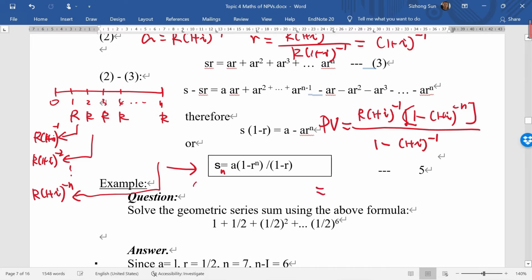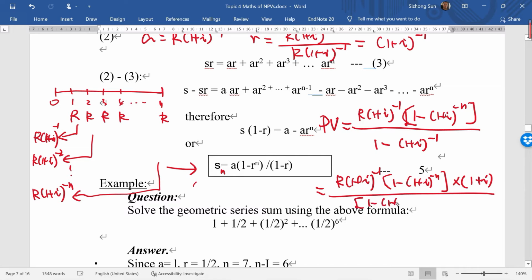Okay, let's tidy this formula up. Multiply both top and bottom by (1 + i). So R(1 + i)^-1 times (1 + i), over 1 minus (1 + i)^-1 times (1 + i). So this cancels out with this, and we can multiply this inside.